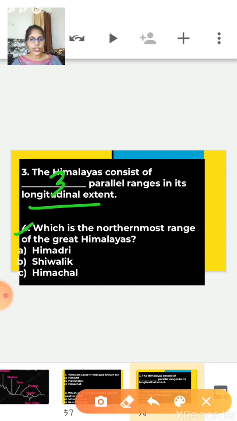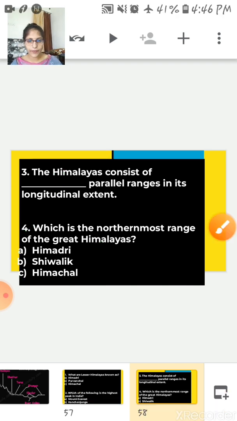Now the fourth question: which is the northernmost range of the Great Himalayas? The options are Himadri, Shivalik, and Himachal. Himadri is the northernmost range of the Himalayas.